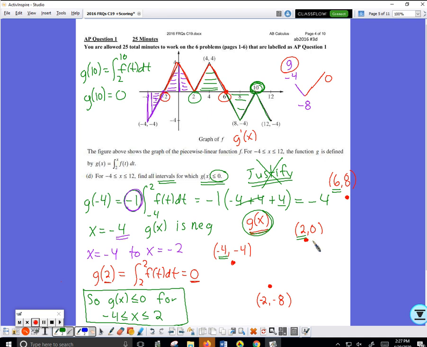So that's back over here. Let's do white. So that's at 10 comma 0. Then because G prime is negative after that, G will continue to decrease. This is G prime being negative, so G goes down.